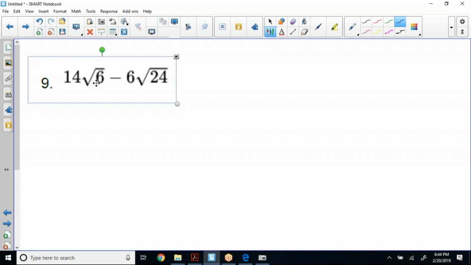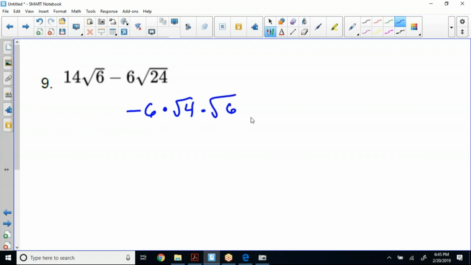But it's a clue to what may be a factor of the one that's right beside it. 24. Hey, I know that this is really negative 6 times the square root of 4 times the square root of 6. So I split square root of 24 into these two, right? And look at that. There's that square root of 6.